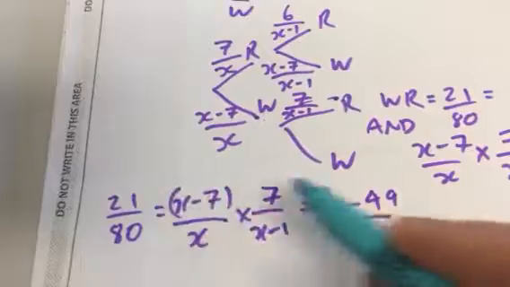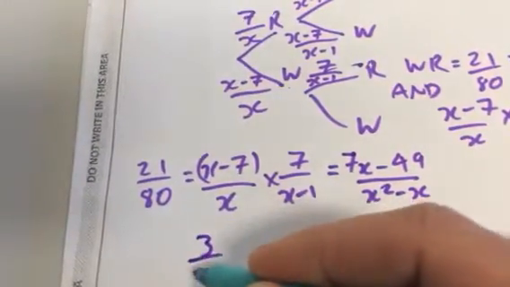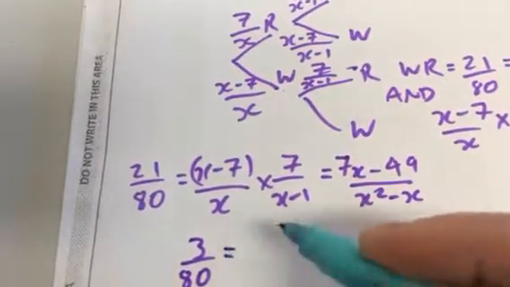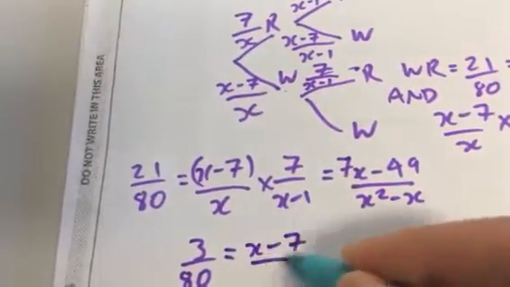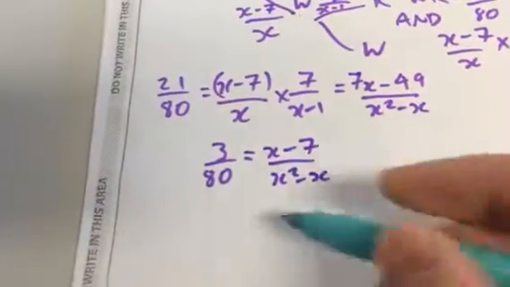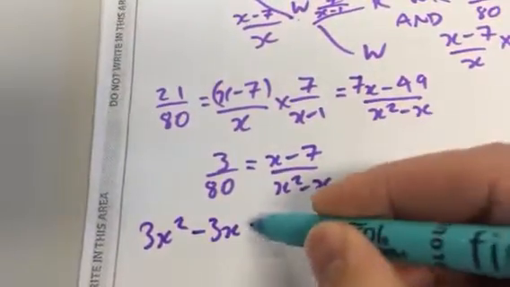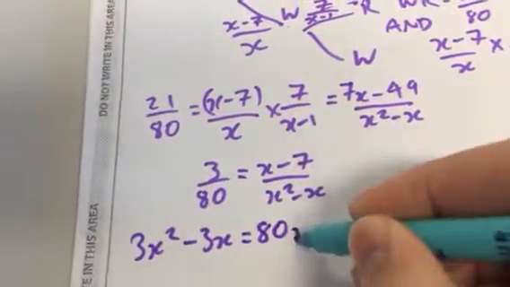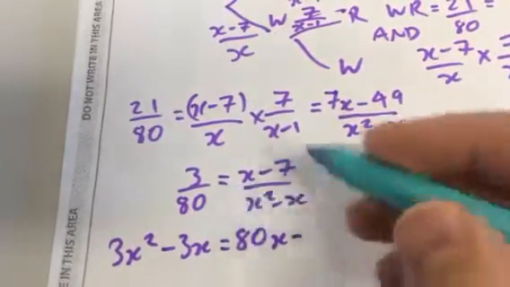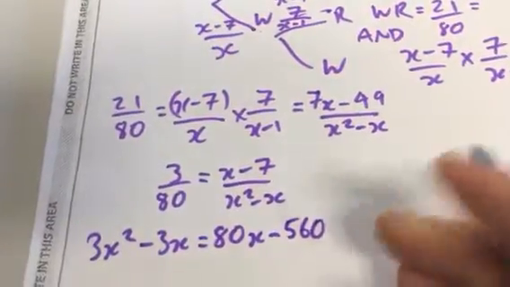I can then see that the numerators are all multiples of 7, so I'm going to divide through by 7. I'm going to get 3/80 equals x minus 7 over x squared minus x. And then I'm going to cross multiply. 3x squared minus 3x equals 80x minus 7 times 80. Well, 7 times 8 is 56. So it's 560. It is a calculator paper, so I could have used a calculator then.